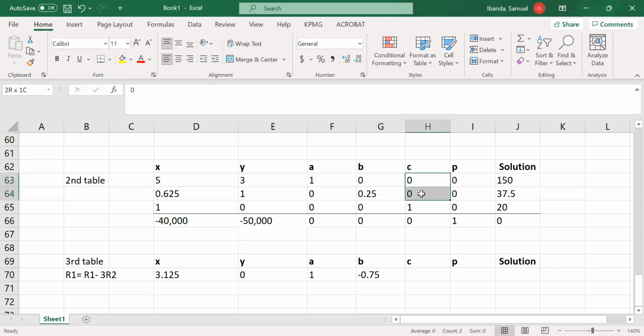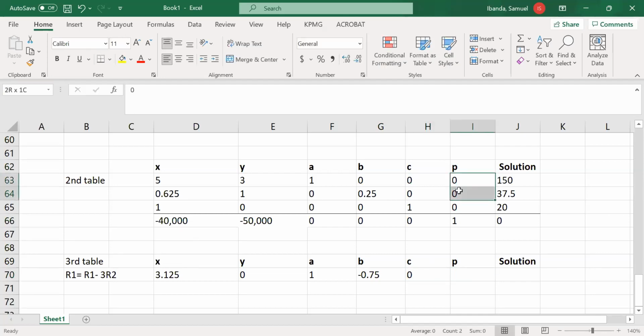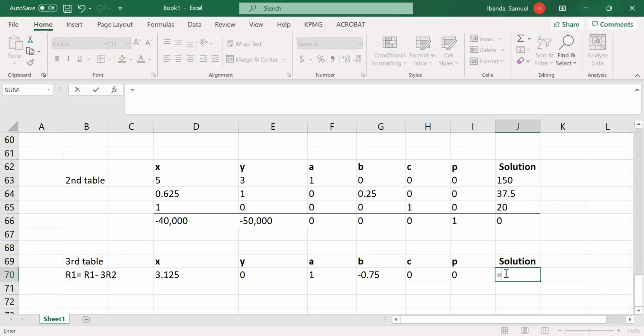This one is 0 minus 3 times 0 gives me a 0. Same story here, gives me a 0. Now this one, let's see what it's going to be. It's going to be 150 minus 3 times 37.5. Gives me a 37.5 as well.